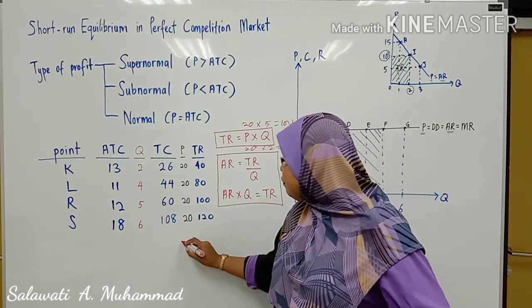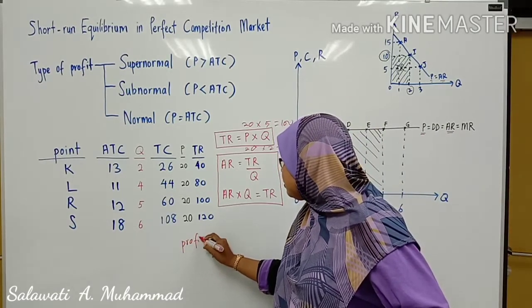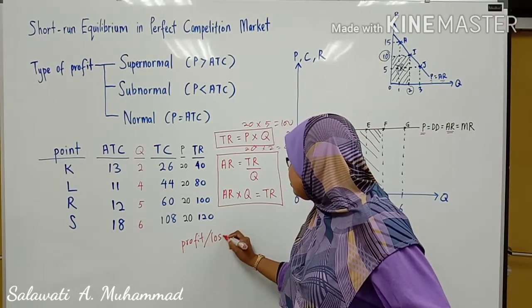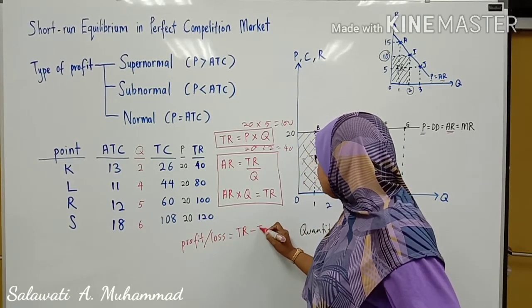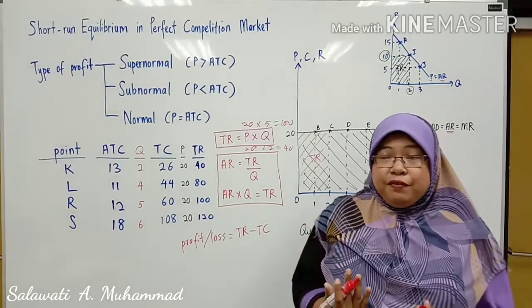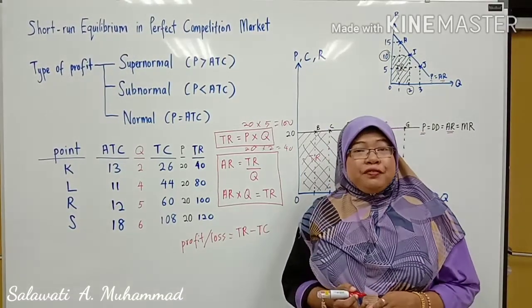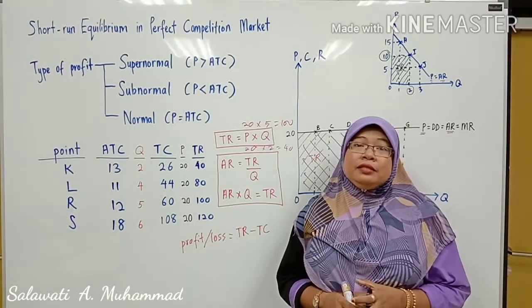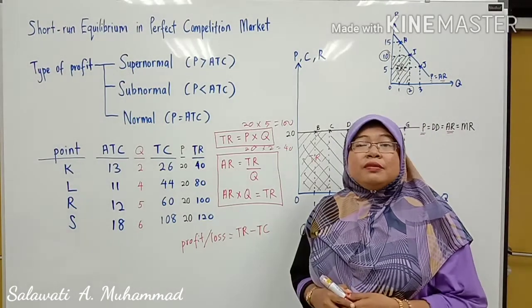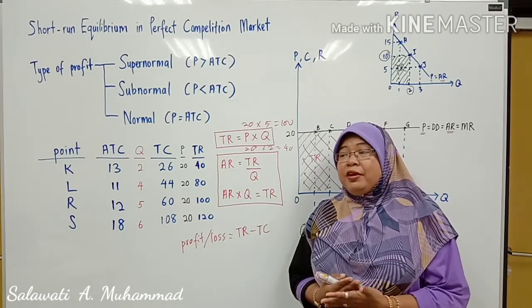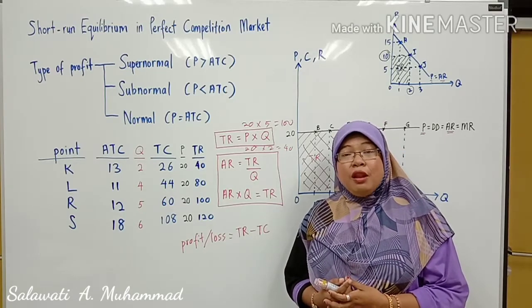To get profit or loss, you subtract total cost from total revenue. If you get a positive value, then it means this firm earns profit. If you have a negative value, it means loss.